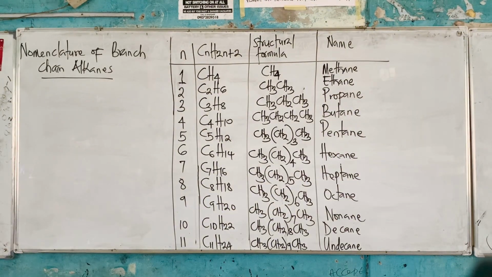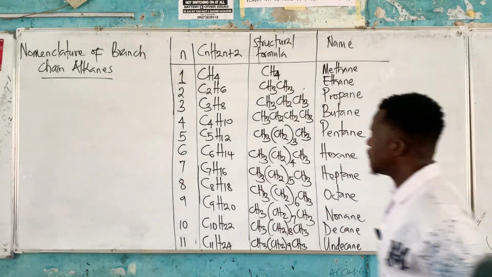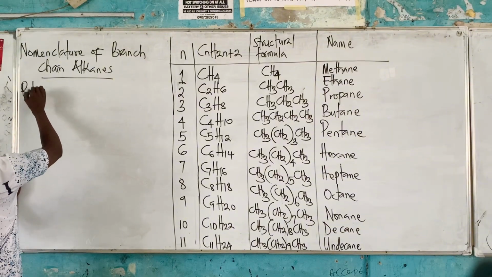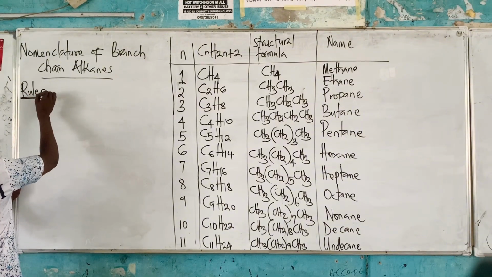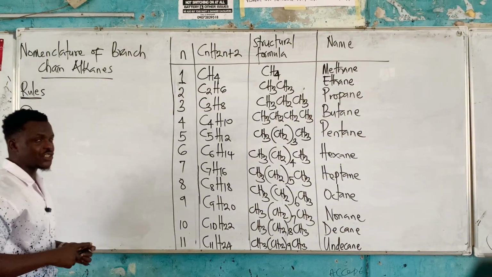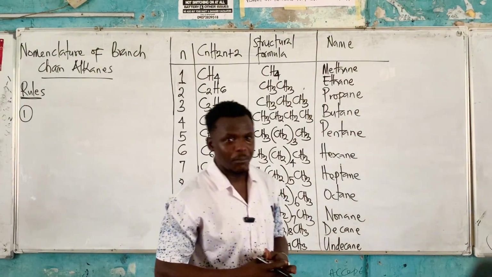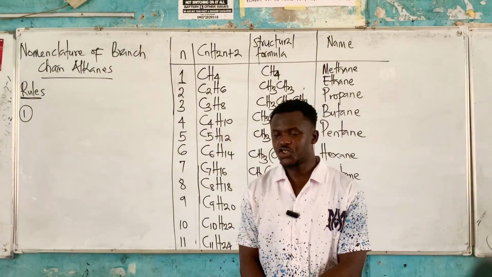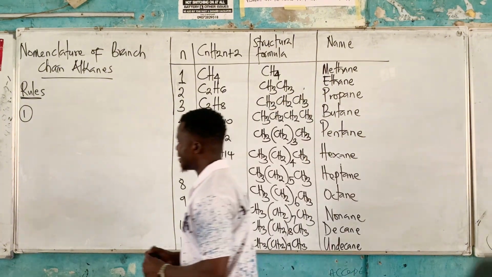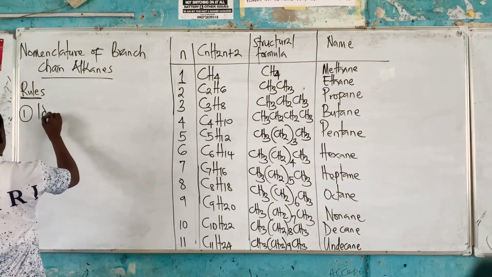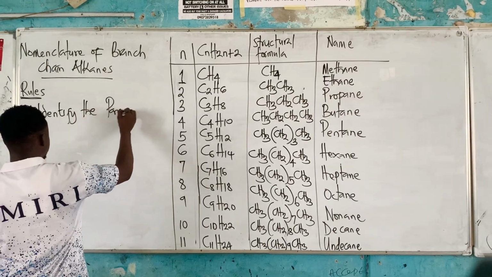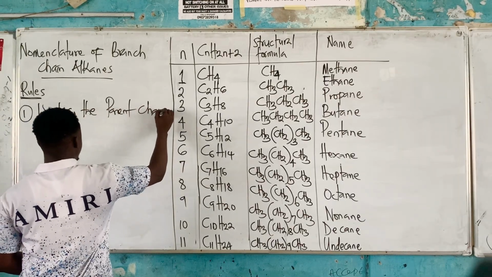Now let's name branched chain alkanes. Please put down the rules. Branched chain alkanes. How do we name branched chain alkanes? Rule number 1: identify the parent chain.